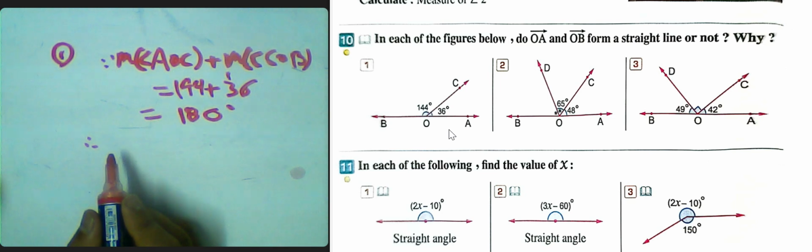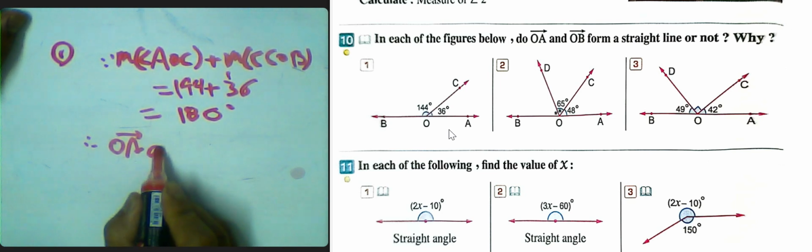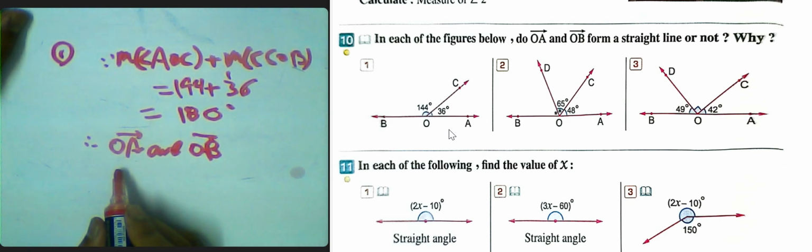Then it's true. Question number 1 is true. Then the ray OA and the ray OB form a straight line.